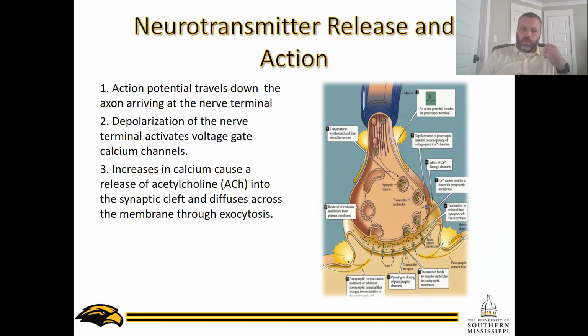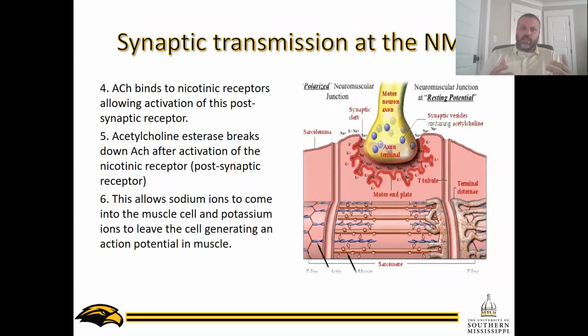And that acetylcholine goes across, and then it's going to attach itself to the nicotinic receptors on the muscle side, right? So at this point, all we know is that we've had a muscle action potential come down the neuron, so our nervous system has said move, right?